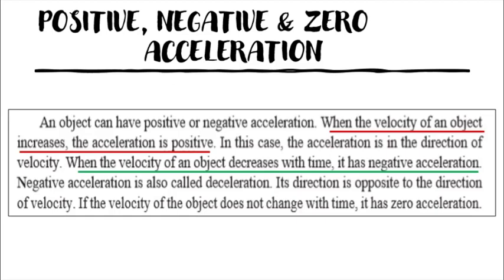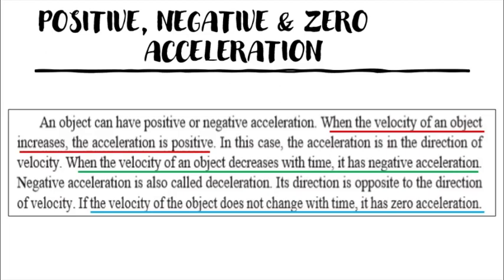And if the velocity of the object does not change, it remains constant, it is called zero acceleration. It can be remembered in a simple manner: if it increases, positive; if it decreases, negative; and if nothing happens, zero.